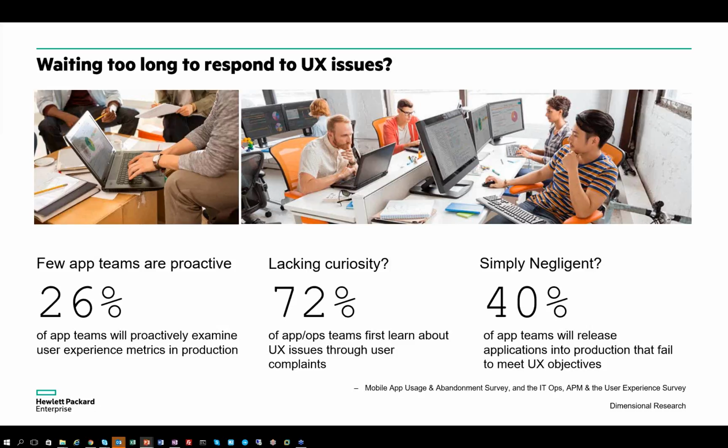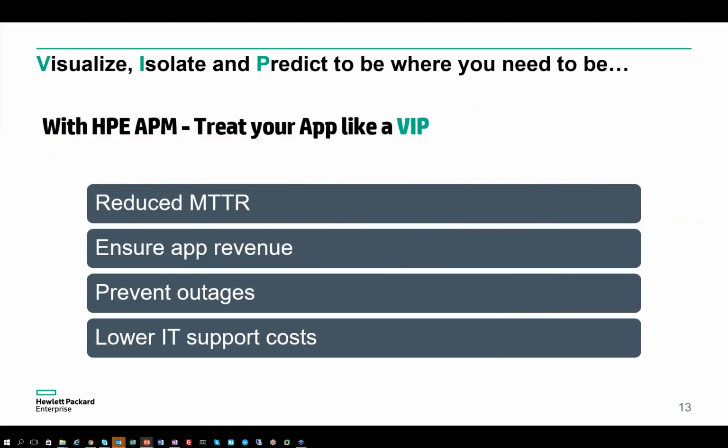So let's take a look now and see what are the main issues that we want to introduce on the application performance management side. We like to call those the VIP. Treat your application like a VIP. Visualize, isolate, and predict. When a strategy and solution is in place for managing your business application, you should usually expect the following outcomes.